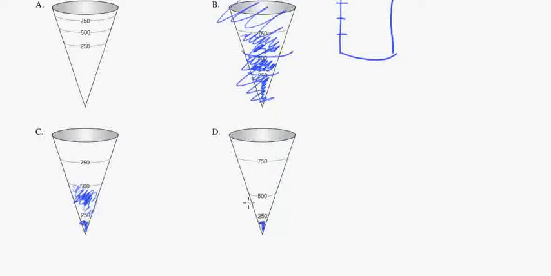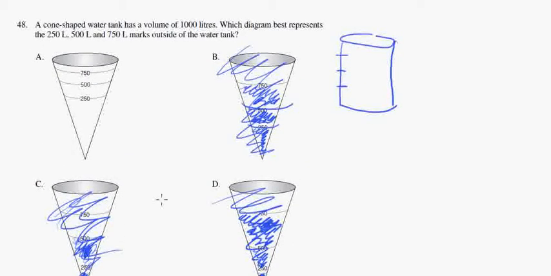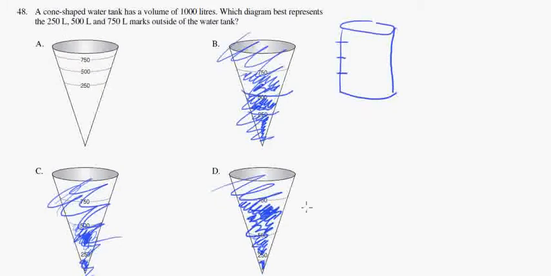Maybe not the same thing here, this one's a little smaller, but this portion is way bigger than the two before it, so it can't be this one either. So it can't be D, and it can't be C, because the amounts are just not in line with the other markings.